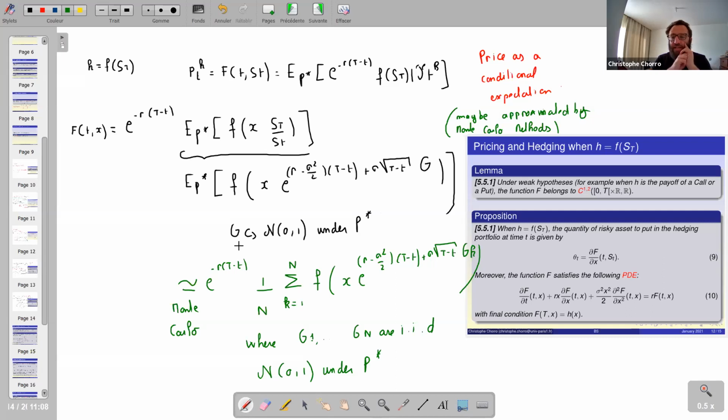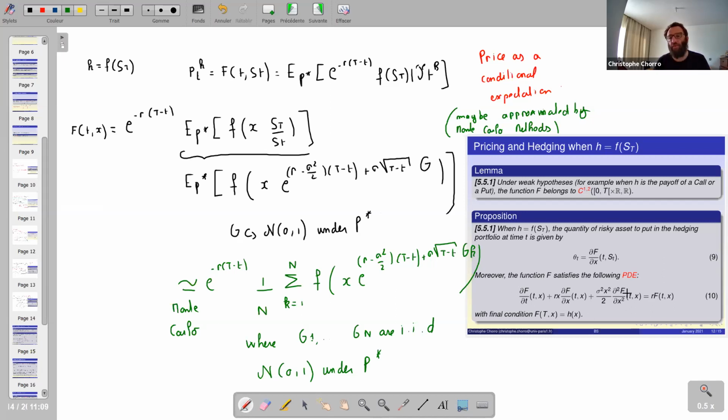that the price function, that I know to be an expectation that can be approximated by Monte Carlo methods, may also be expressed as a solution of a partial differential equation, a partial differential equation that is explicitly given by this one.